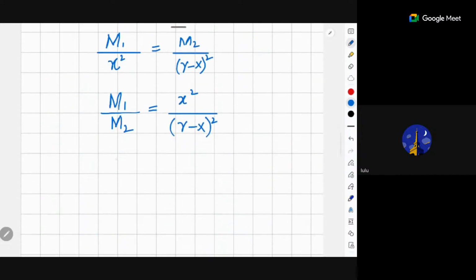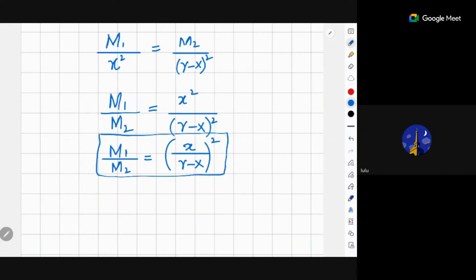Or if you go one more step ahead, m1 divided by m2 is equal to x divided by r minus x, whole square. And this question has this calculation. Two types of calculations are asked to you. Calculation number one, you can calculate the ratio of masses.